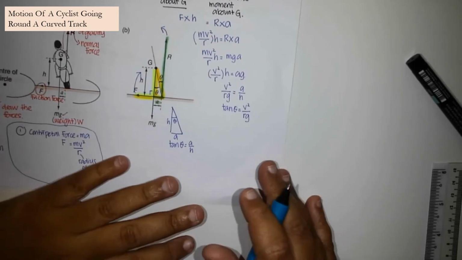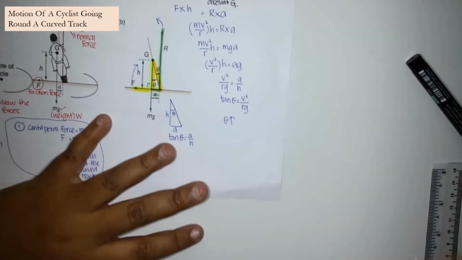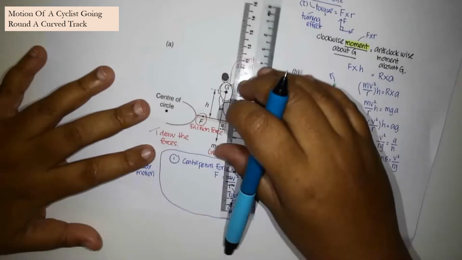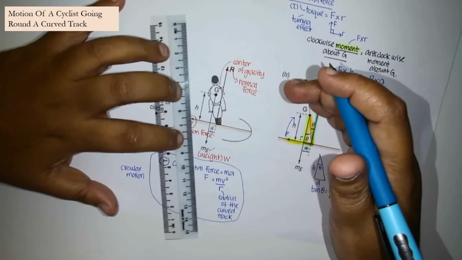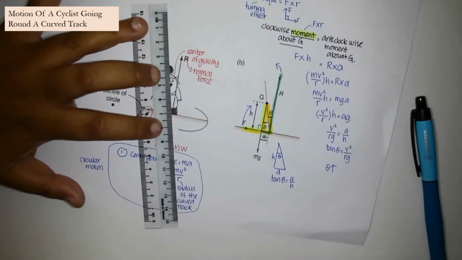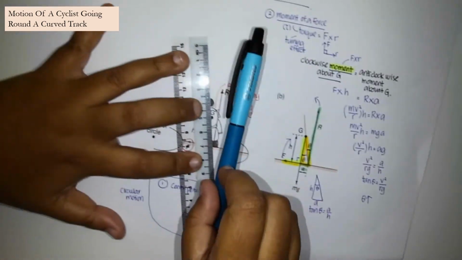If theta is big or large, it's a large angle. That means this angle, this is theta, correct?